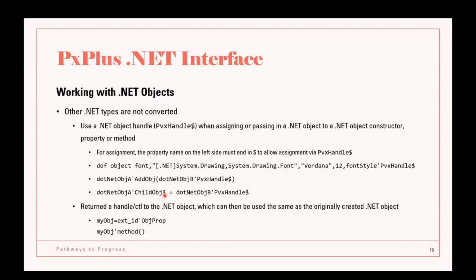And so you need to make sure the other side is a string type. This is just a way we could support in our existing syntax, a way to tell the system that this is a .NET object assignment, so it can handle it as such.